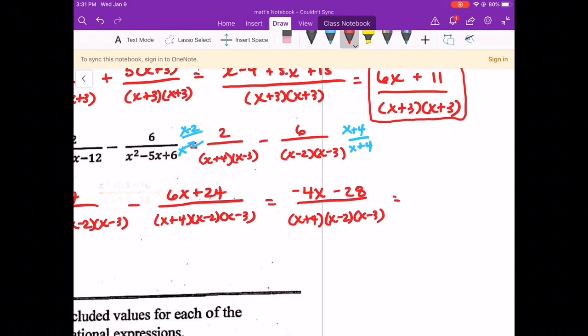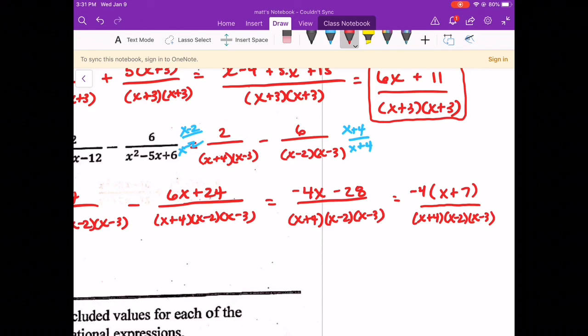They both have a common factor of negative 4. So if I factor out a negative 4, I'll be left with x plus 7. And my denominator of x plus 4 times x minus 2 times x minus 3.